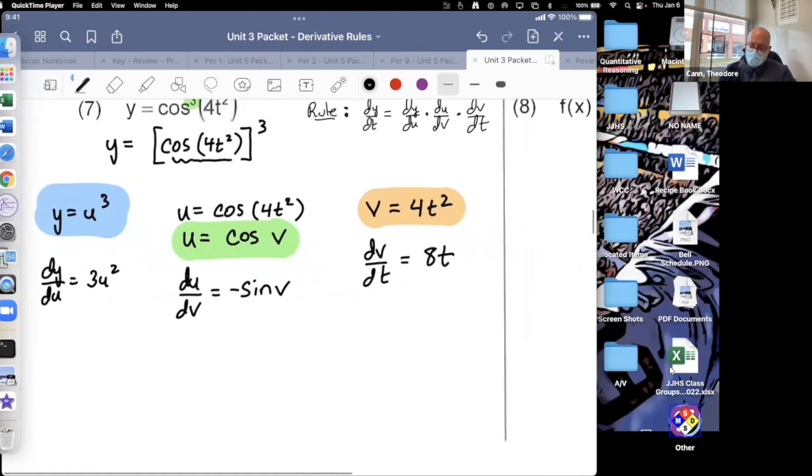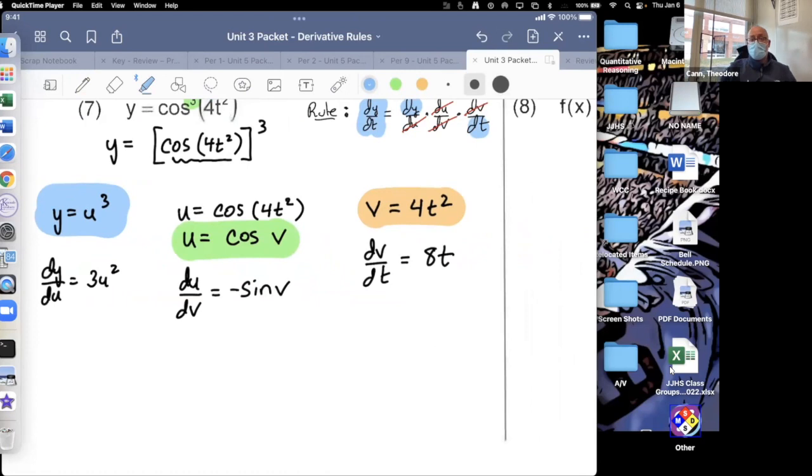All right. So if I look at this and ask what would happen if I multiplied dy/du by du/dv by dv/dt? Well, the du's would cancel, the dv's would cancel, and I would be left with just dy/dt, which is ultimately what I'm looking for.